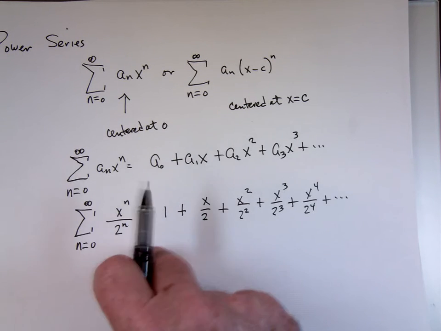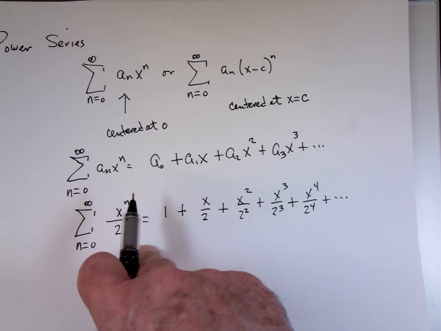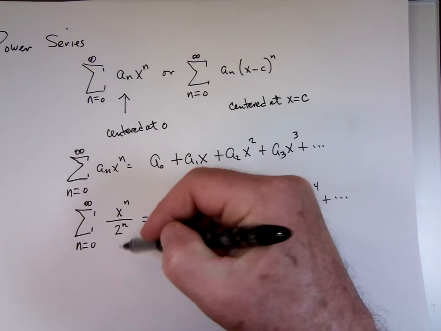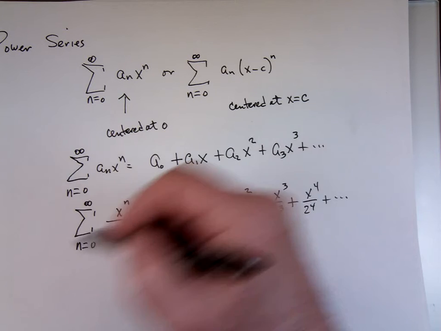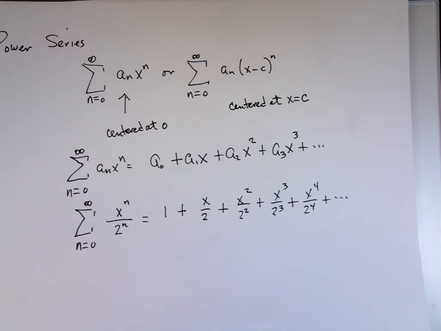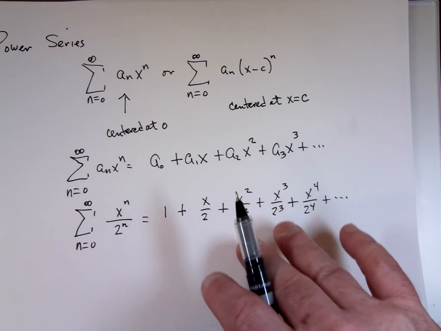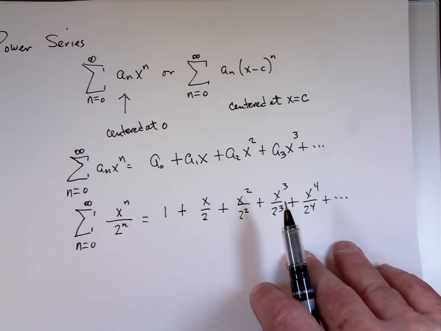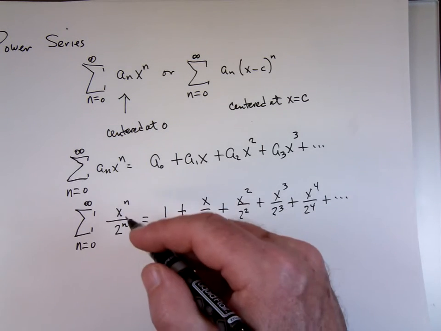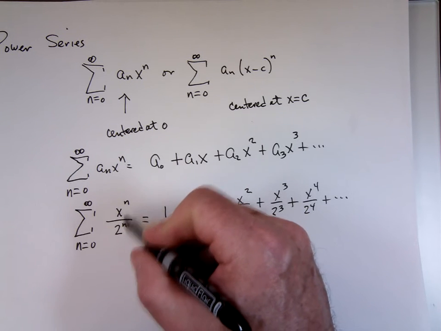The answer is no, because you get 5 halves to the n, and that's a geometric series whose ratio is greater than 1. Doesn't it automatically diverge as soon as you hit an exponent? For this case, no. It converges for some x's, and it will diverge for others.